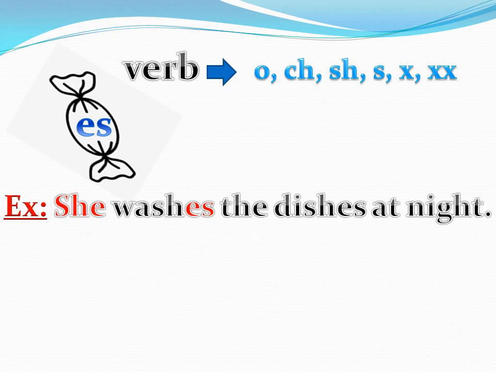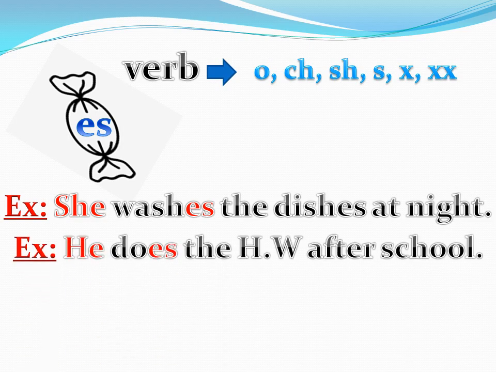For example, the verb wash. Here, the verb wash ends in sh, and our sentence starts with the super student she, so we have to add es to the verb. She washes the dishes at night.